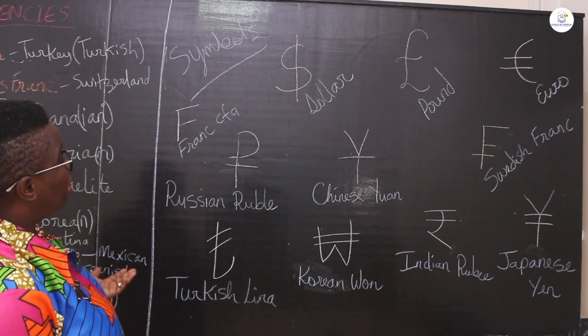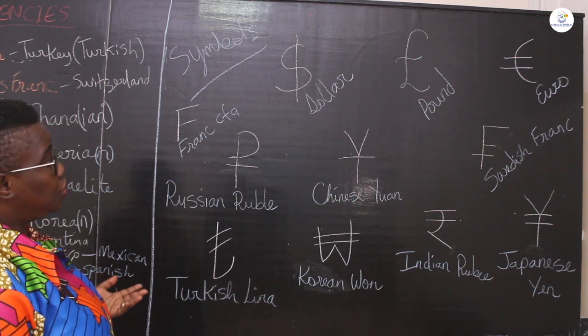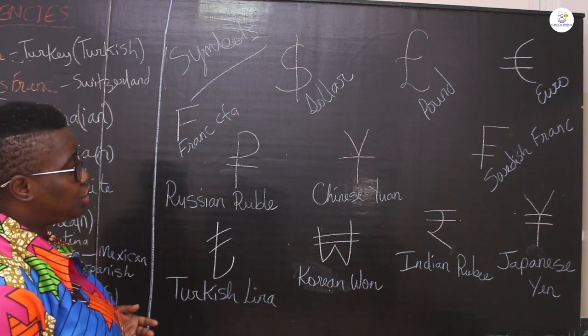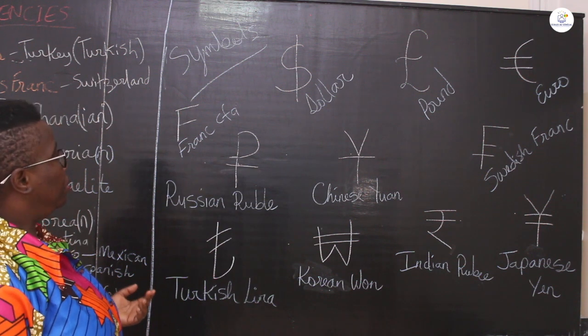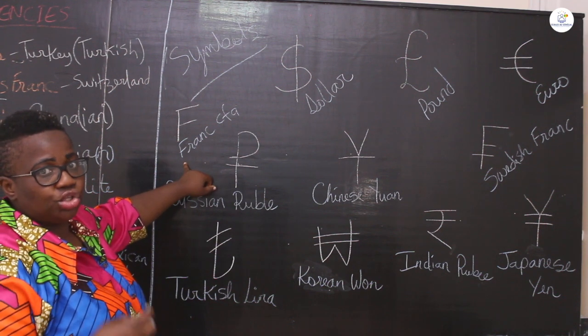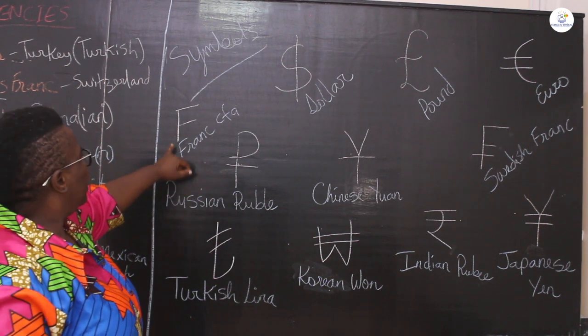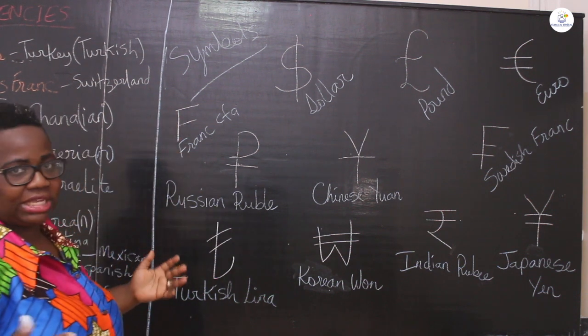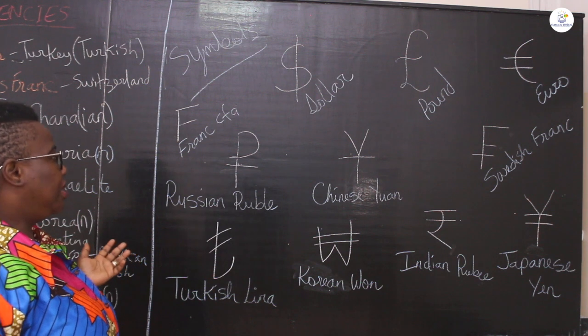So these are the most used currencies or symbols that you should actually know. This is the franc CFA, the XOF, that is currently used. The symbol, please take note, it's just a capital F, for Africa.